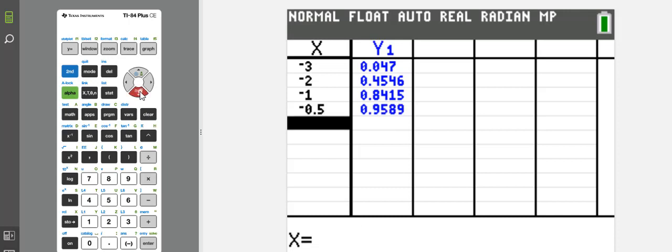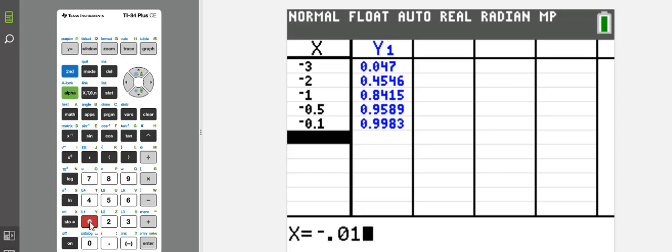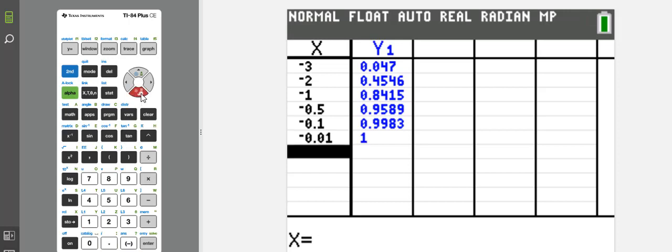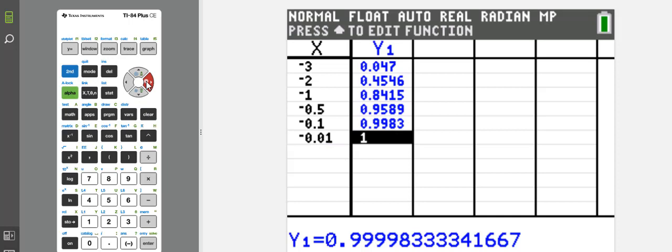Now you're approaching 0.9589. What about -0.1? 0.9983. Okay, what about something closer to 0 than that? -0.01. As you can see, you're approaching 1.